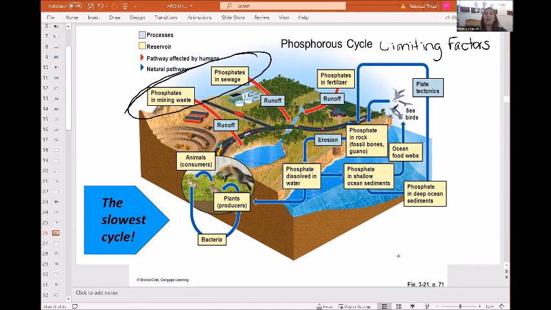Phosphorus and nitrogen are big limiting factors when it comes to productivity. And that is why we mine them to turn them into fertilizers so that we can have these small amounts of land that produce huge amounts of food.